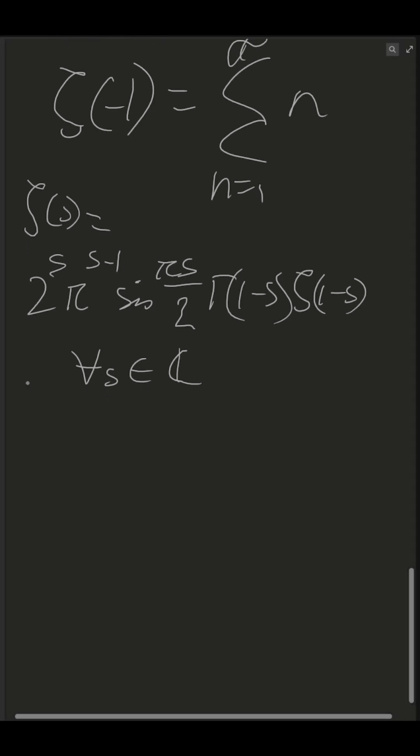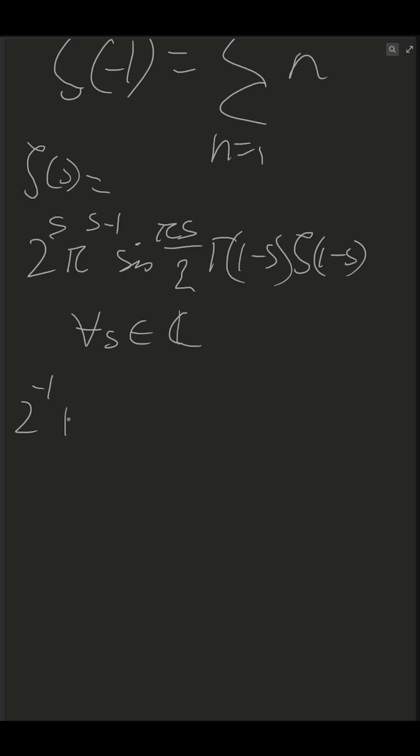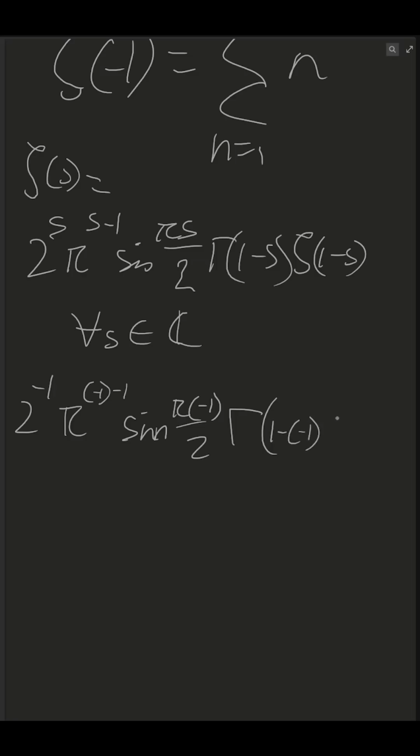So now what we want to do is substitute in minus 1. So it's going to be 2 to the minus 1 times pi to the minus 1 times sine of pi times minus 1 over 2 times gamma of 1 minus minus 1 times zeta of 1 minus s.